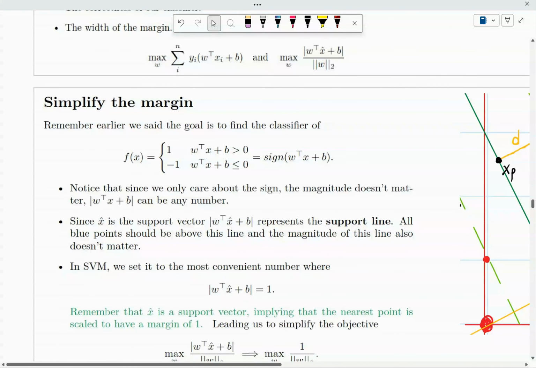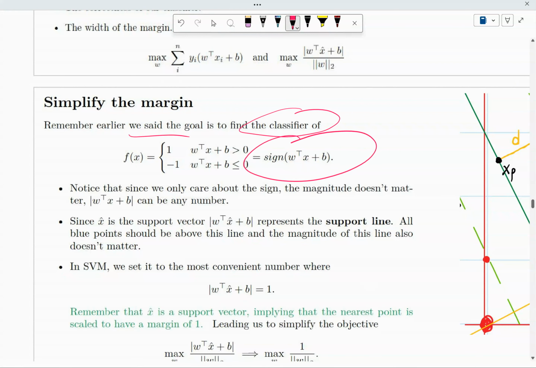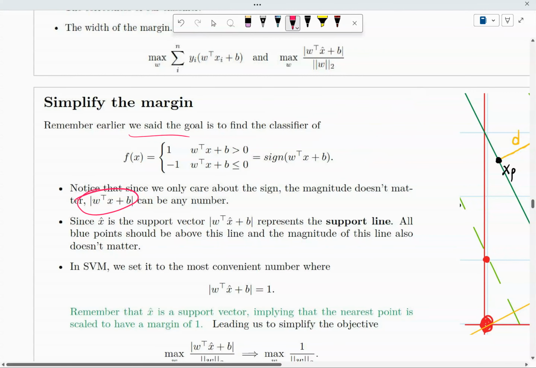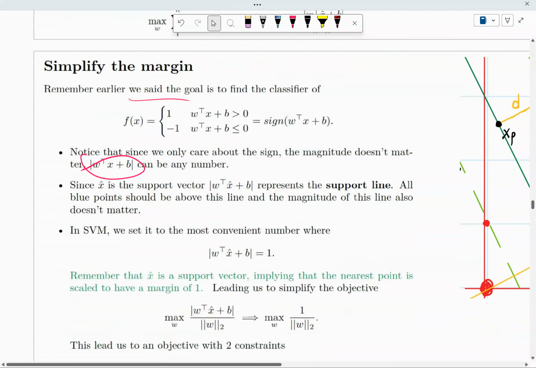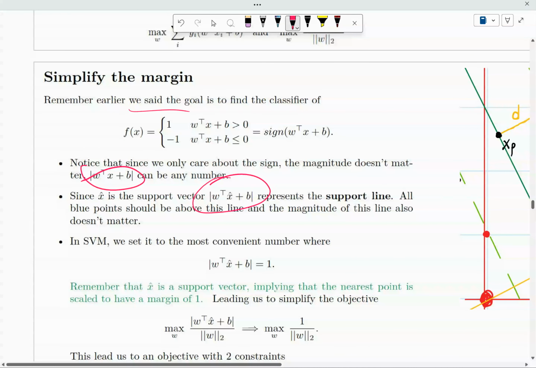Remember earlier, we said the goal is to find a classifier, right? When we're trying to find this classifier, we did not care about the magnitude. We can make this as large or as small as possible. We only really care about the sign, right? Therefore, the magnitude doesn't matter. Well, if the magnitude doesn't matter, we can set the magnitude to any value, right?